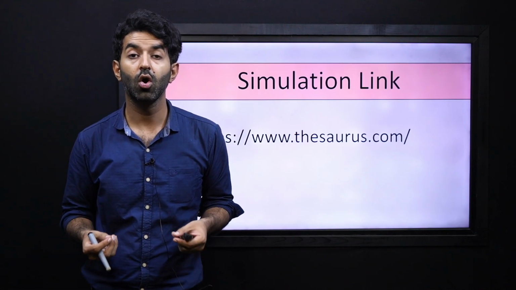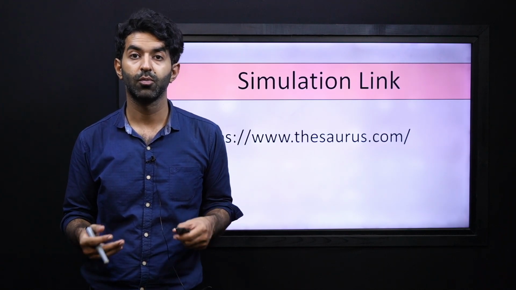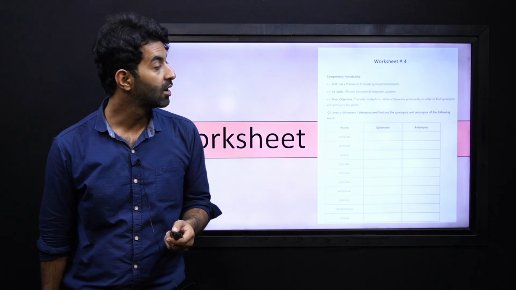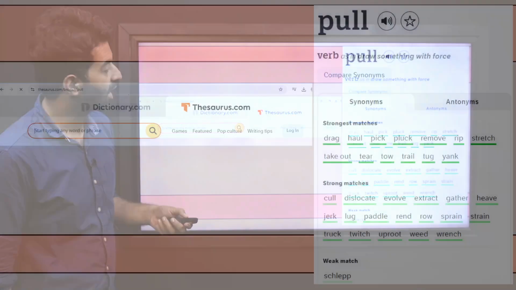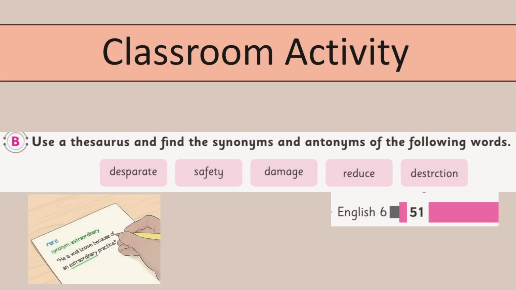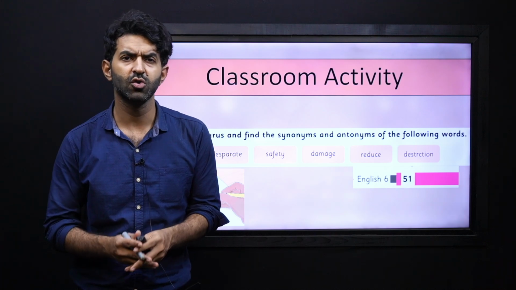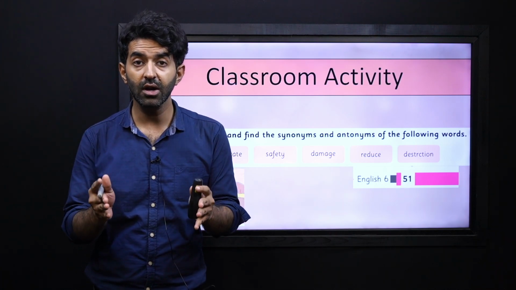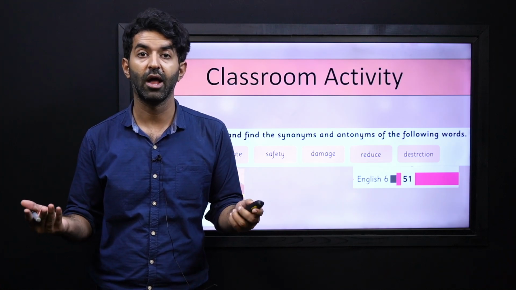Now, you can play with this link, use it as much as you can, and make a list, a notebook, or a journal of synonyms and antonyms of different words, probably about your favorite words. Now, we are done with this. And for the classroom activity, what you're going to do is find the synonyms and antonyms of these words. You can use your physical thesaurus, or you can use an online one or a mobile phone application.